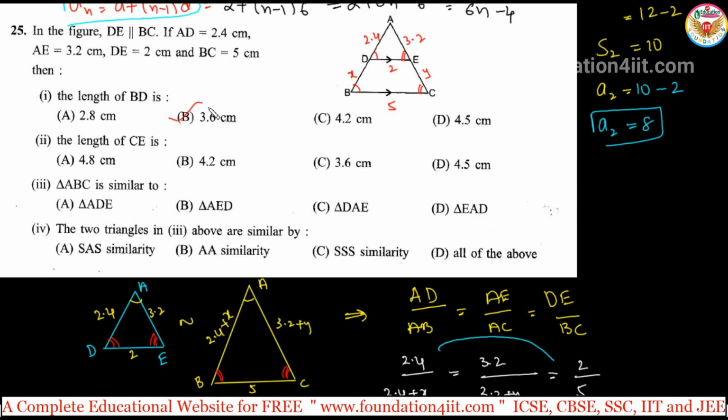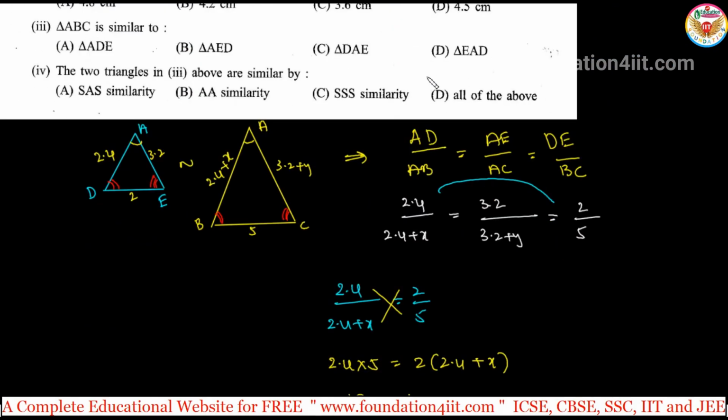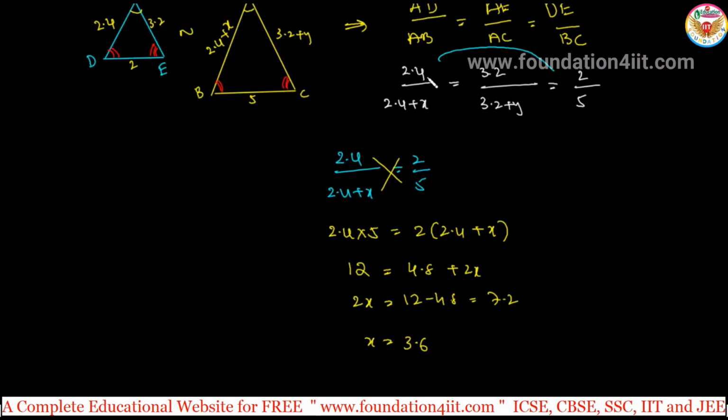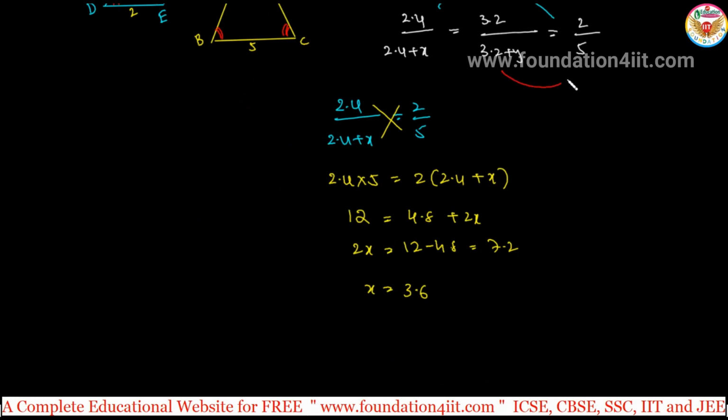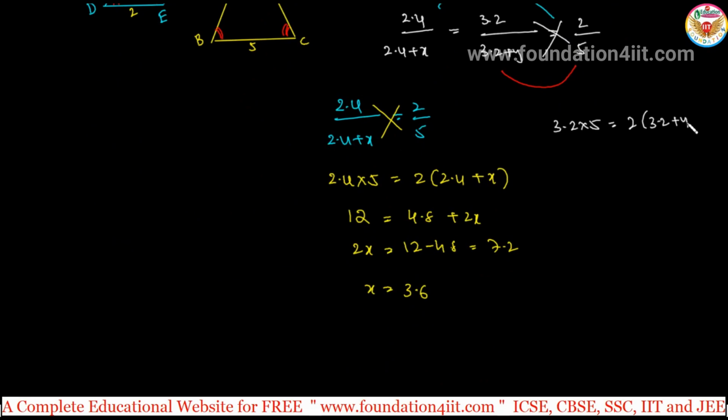Right? Same way, next length of CE. So it's y. So letter y we have to find out. So what we'll do, second and third, these two will take, right? Then do cross multiplication directly. 3.2 into 5 is equal to 2 into 3.2 plus y. 3.2 into 5, so it is 16 is equal to 6.4 plus 2y.